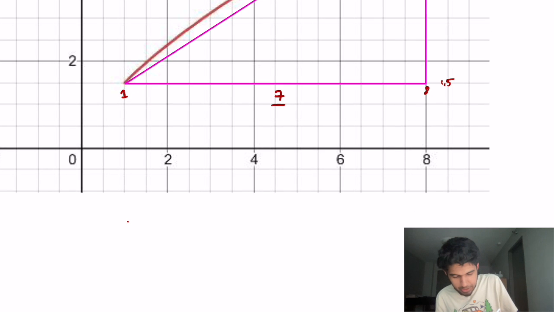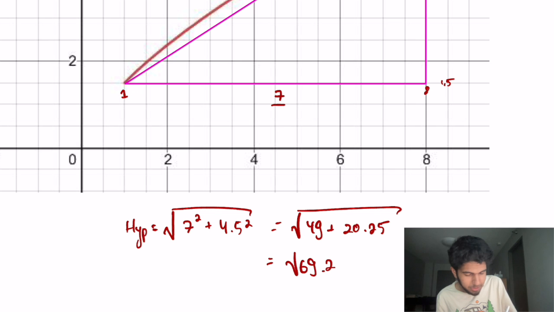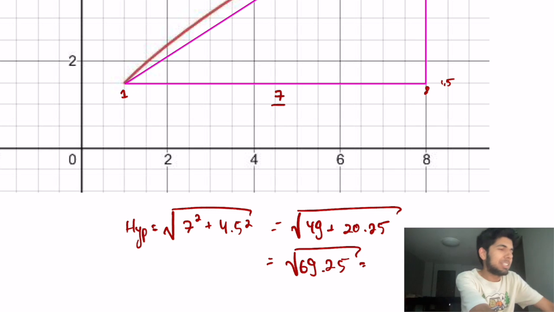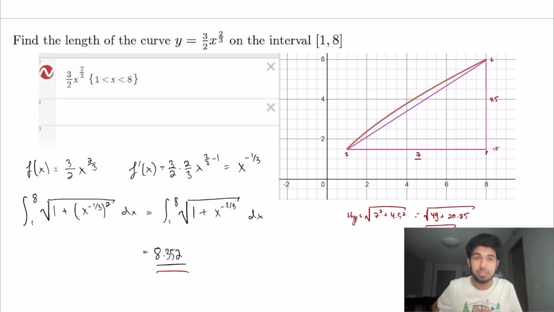So that means the length of the hypotenuse is equal to the square root of 7 squared plus 4.5 squared, which is equal to the square root of 49 plus 20.25, which is equal to the square root of 69.25, which I don't remember what it is, so let me just check. Okay, square root of 69.25 equals 8.322. And if we compare that to 8.352, it's pretty similar, so it seems like we did get the correct answer. So I guess that's pretty cool.